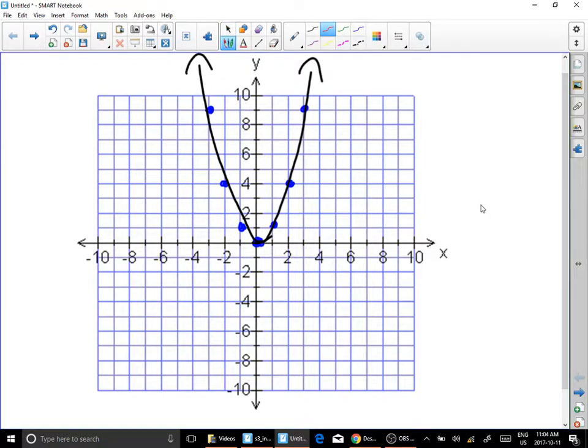If you look at the vertical differences, and this is important for identifying A, if you're looking at a graph of two functions on the same set of axes, the difference between these 2 points is 1 unit. The difference between these 2 points is 3 units. The difference between these 2 points is 5 units. 1, 3, and 5 are all what kind of numbers? Odd.